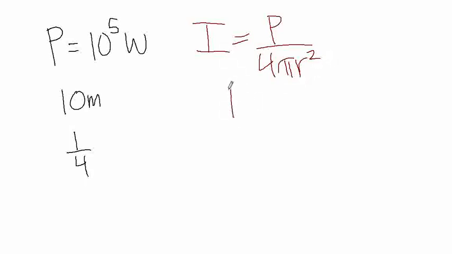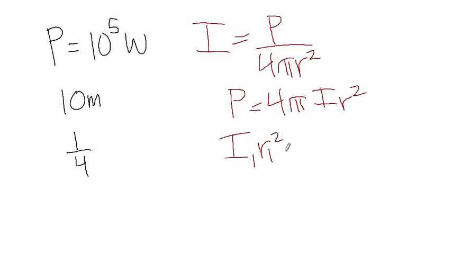If I cross multiply, I get power is 4 pi times I R squared. So I1 times R1 squared is equal to I2 times R2 squared, where I'm defining I1 as the intensity at some distance from the radio station, R1.